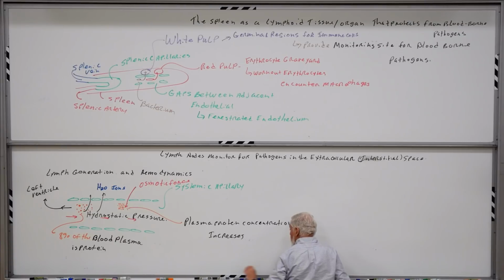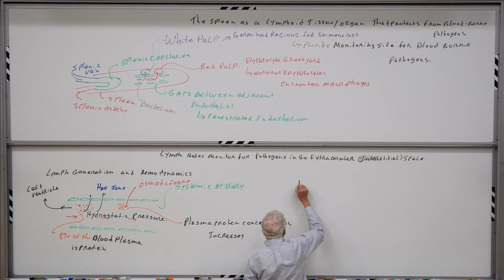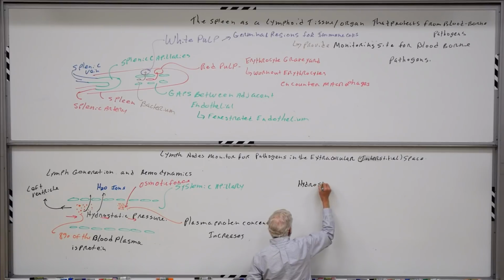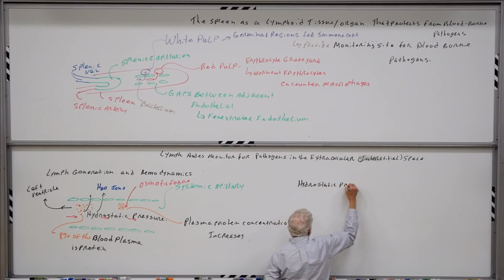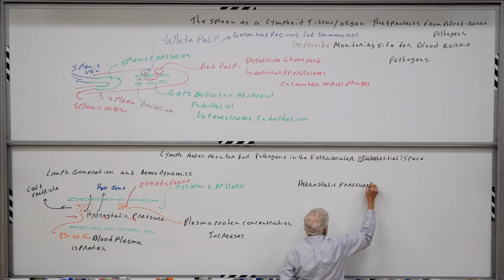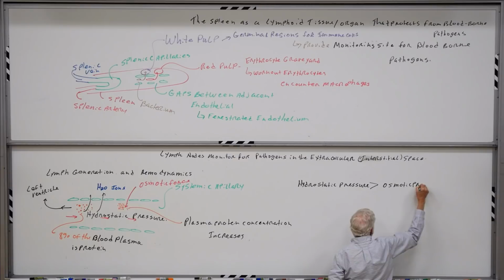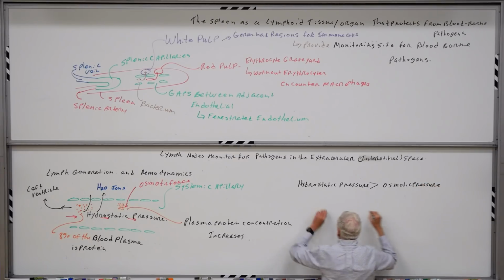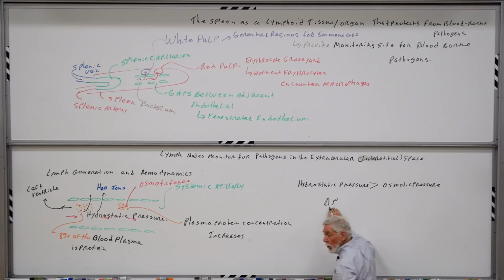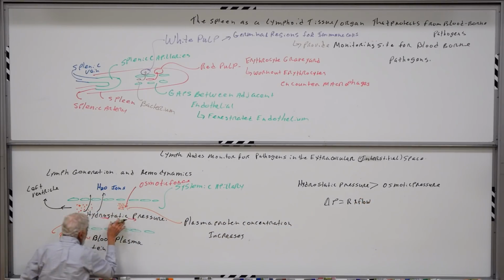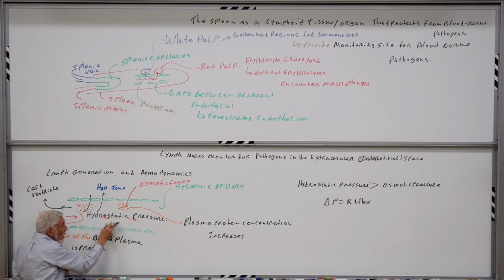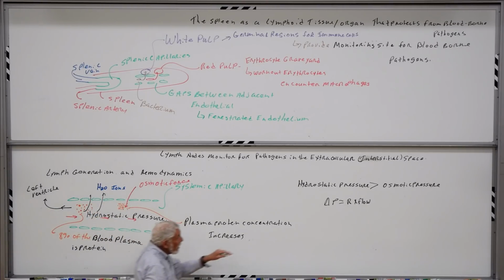Well, what we find when we look at these pressures, though, is that the hydrostatic pressure is greater than the osmotic pressure. Effectively, this is a pressure differential. It's a delta P. And you know, anytime you have a delta P, we have a resistance times the flow. So depending upon the resistance of the movement of fluid back into the blood vascular compartment, there will be a flow.